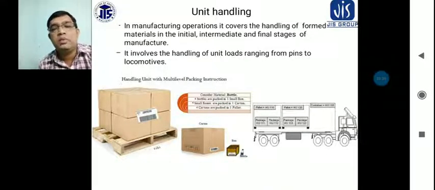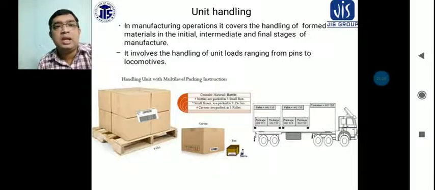In a few cases, we require a stoppage in between, from the first person to the final person, an intermediate stoppage. When the intermediate stoppage is reduced, the transportation cost will also be reduced. In a few cases you require an intermediate stage in manufacturing.